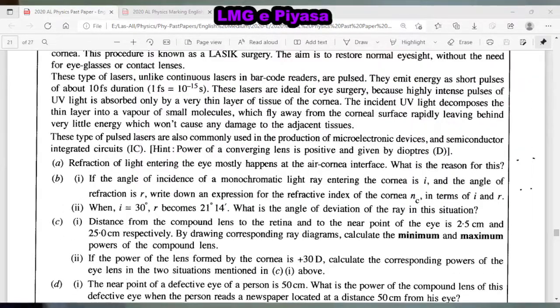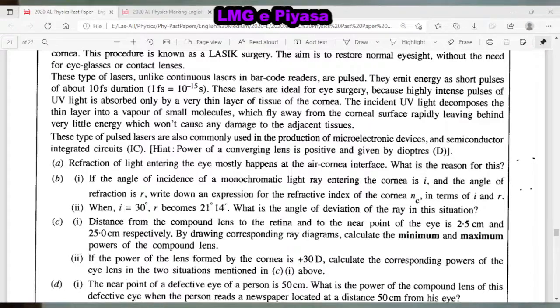According to the paragraph, the incident UV light decomposes the thin layer into a wave of small molecules which fly away from the corneal surface rapidly, leaving behind very little energy which won't cause any damage to the adjacent tissue.